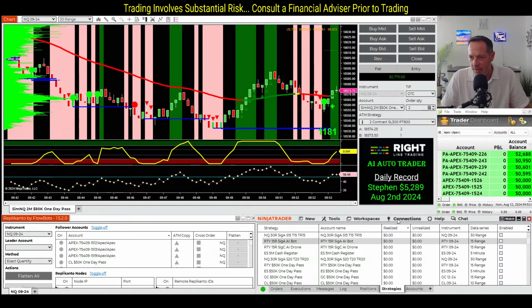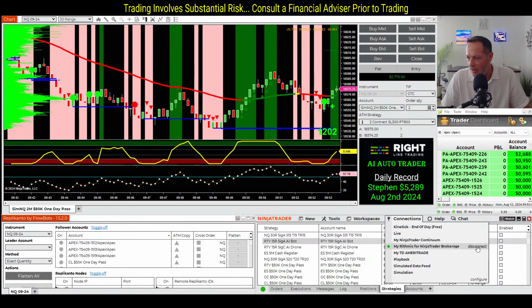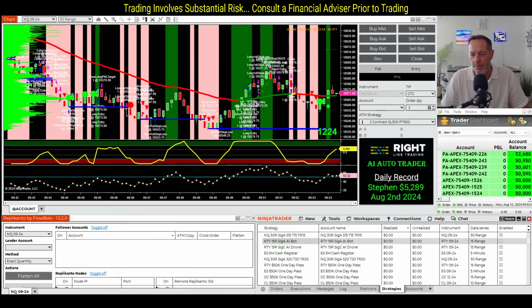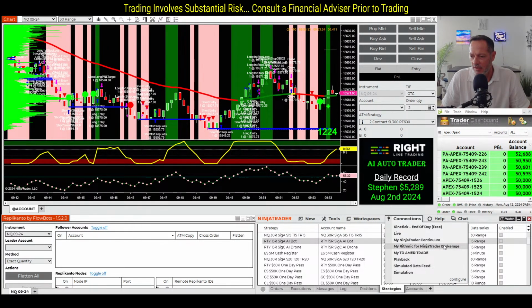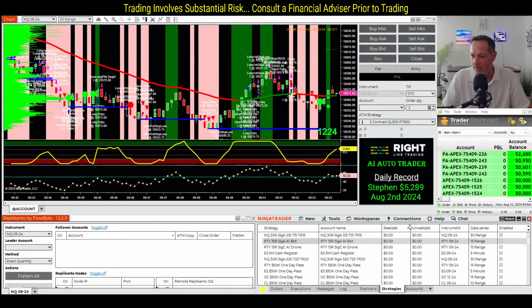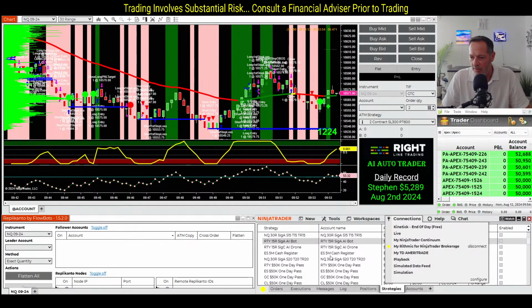So I disconnected my strategy, so now I'm going to disconnect the communication link, and this is the communication that we're using right now. Once you disconnect it, wait for a couple of seconds, and then go back to the connections tab. And again, I'm running the MyRhythmic down here, so you just click on it, and it enables right here.